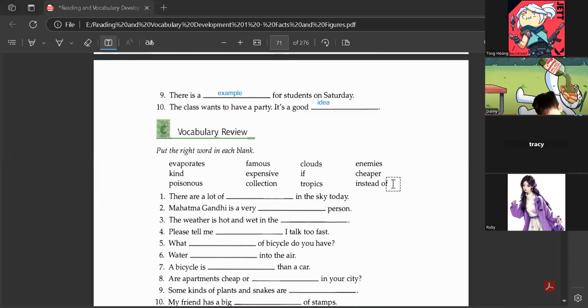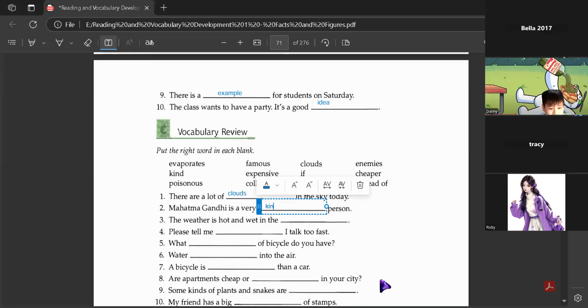There are a lot of clouds in the sky today. Number two, let's invite Bella. Mahatma Gandhi is a very kind person.